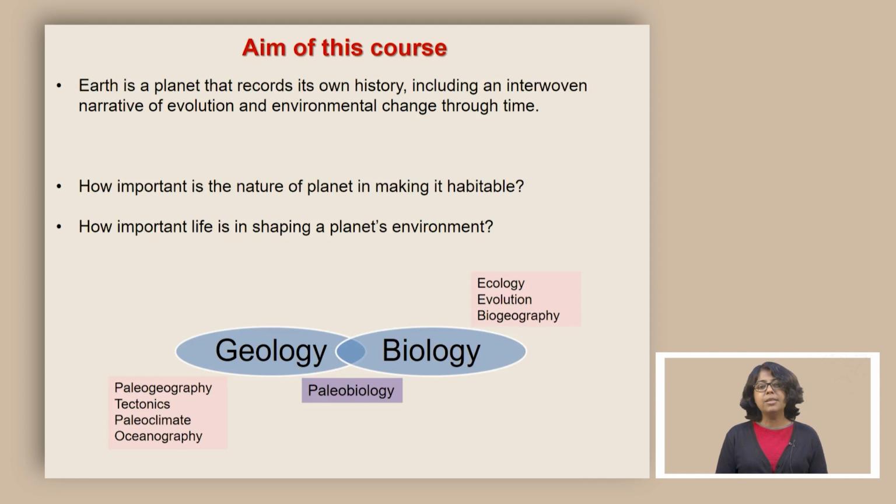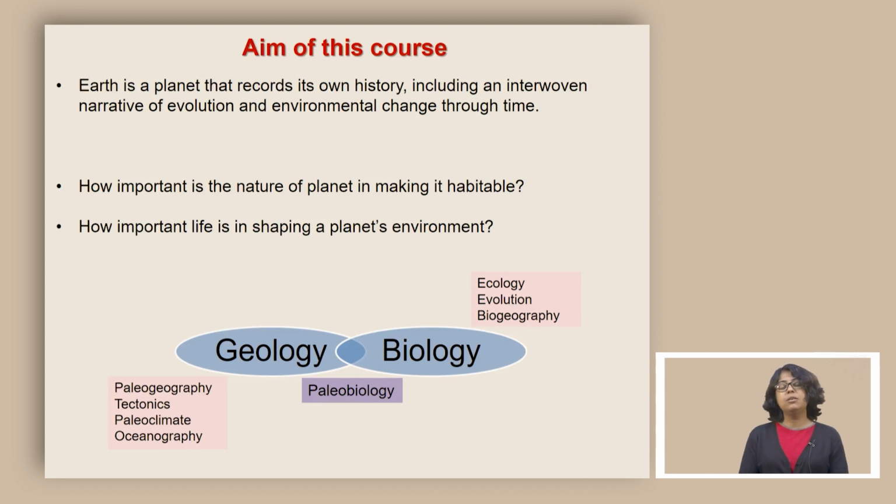Obviously, this course is at the interface of geology and biology, and we are going to use different concepts from both biology, including ecology, evolution, biogeography, and concepts from geology, including paleogeography, tectonics, paleoclimate, oceanography, and also something which is sitting right at the interface, which is called paleobiology.